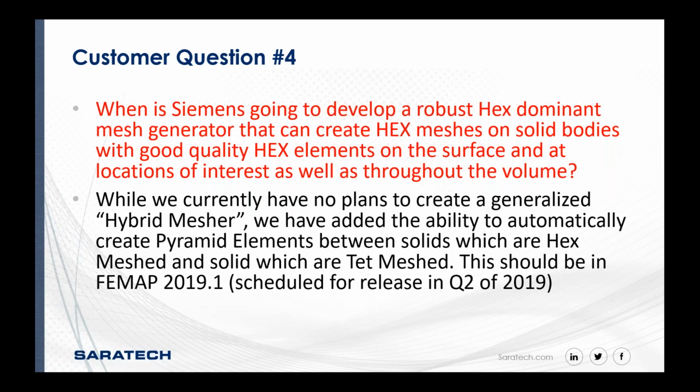Previously, if you wanted to make that transition, you would have had to make those pyramids manually. But we just added an option to choose where you want pyramids. We're going to automatically detect where to create pyramids, and then automatically create them. That's in 2019.1, which is scheduled for release in Q2 of 2019, so the April to June timeframe, probably April.